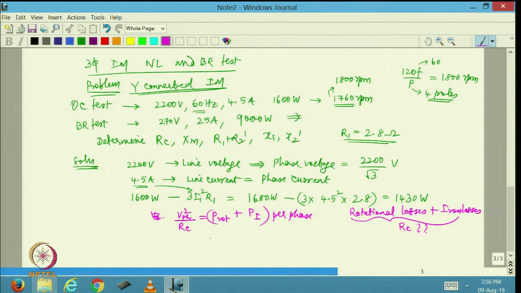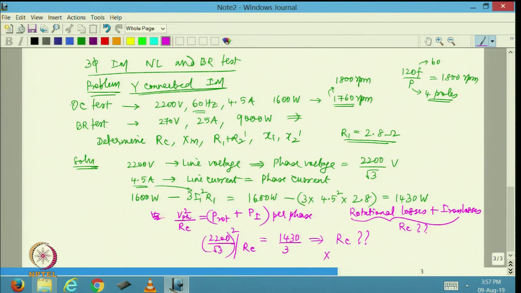So, I should say 2200 divided by root 3, whole square, divided by RC, equal to 1430 divided by 3. From this I should be able to get RC without any difficulty.